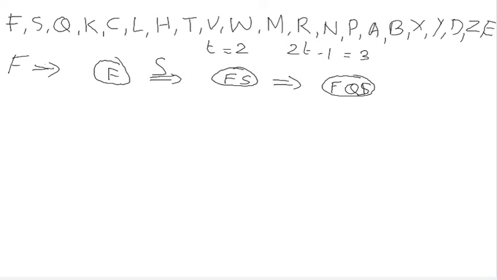When K comes, it will find a room for this K. When we read this first node, it will check x dot n. If x dot n is equal to 2t minus 1, it will invoke a split child operation.